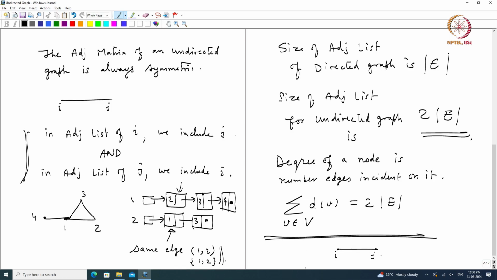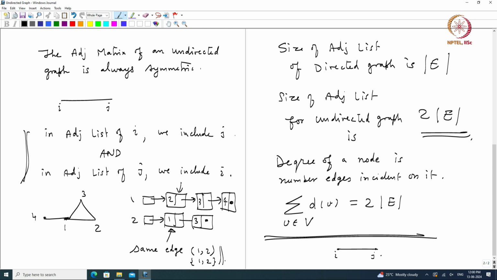So, if you have an edge ij, this edge is counted in the degree value of i, and the same edge is counted again in the degree value of j. You can see that every edge is counted twice, therefore the degree sum is twice the number of edges.